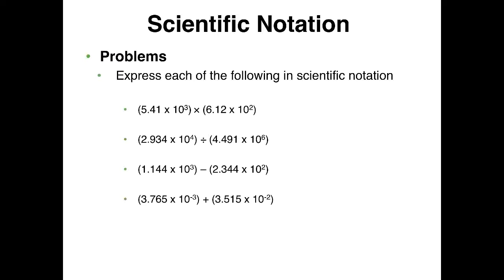So 0.3765 plus 3.515, that equals, and these are both to the same digits, so it would be 3.891 or 892 rounded up times 10 to the minus 2.